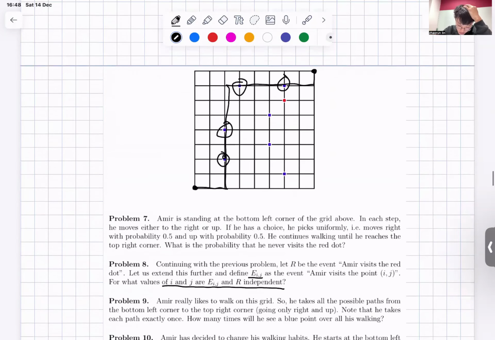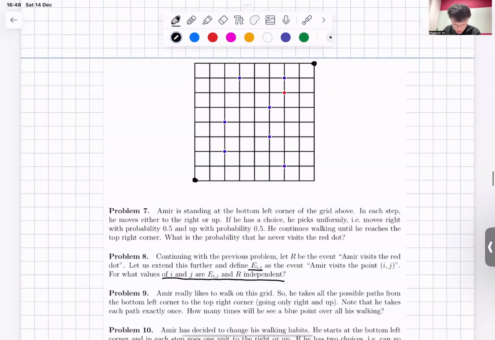And you can calculate iteratively. So also use the strategy. We don't have to use probability for this question because we just need to count how many times we visit a blue point. So for the number of paths that we visit here, it's just from the previous weekly problem set.